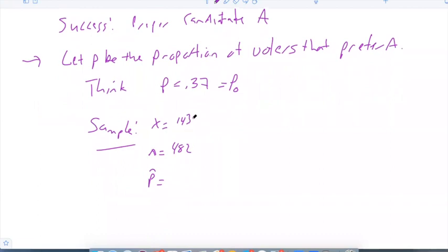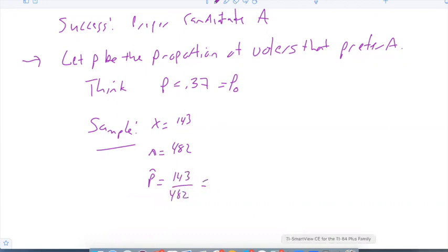So that's the number of people in the sample that support candidate A. That's the number of people in the sample. It's their sample size. X is always the number of successes in the sample. You should have that written down several times now. N is the sample size. P hat is always X over N.